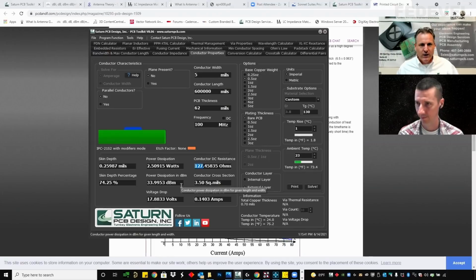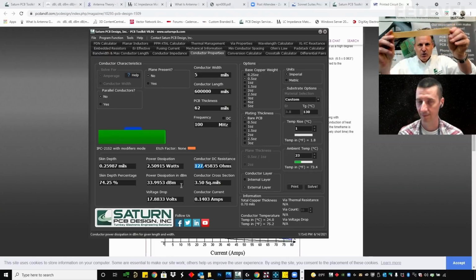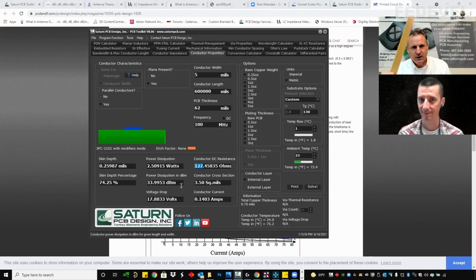Well, I made these boards here, and there's a bunch of different geometries, and the back side is actually a 600-inch trace, 5 mils thick. And I measure 125.7 ohms. Nice. And this is 127.45 based off the exact geometry that I'm using.